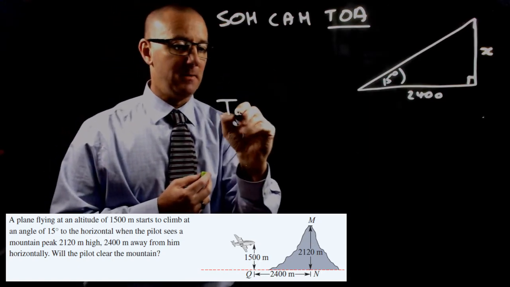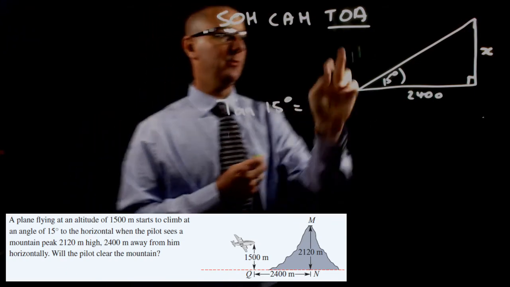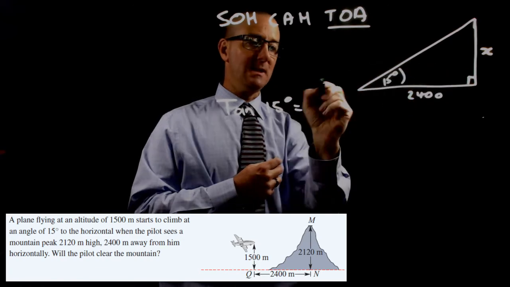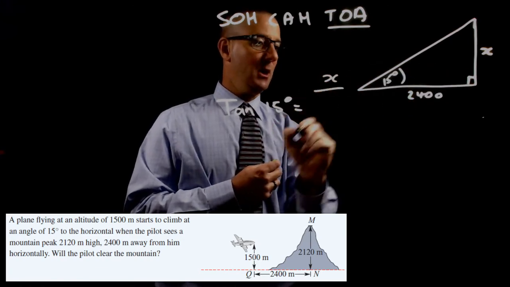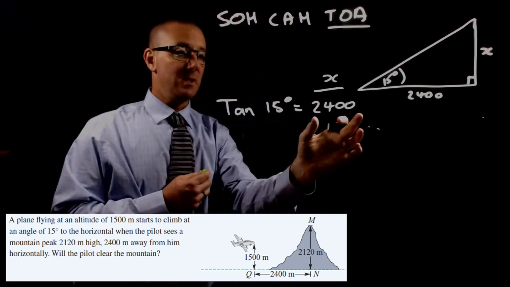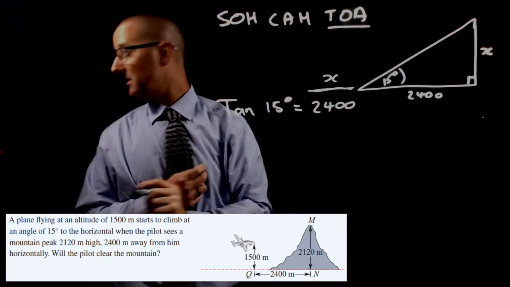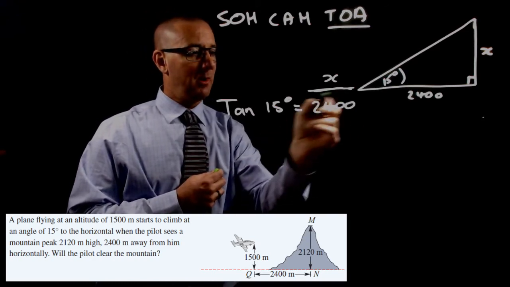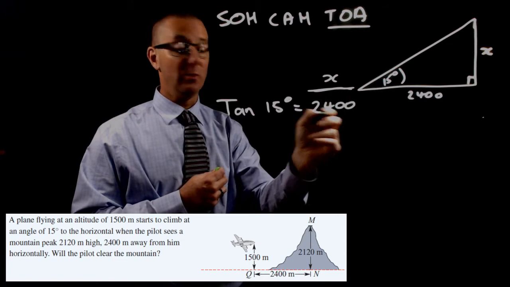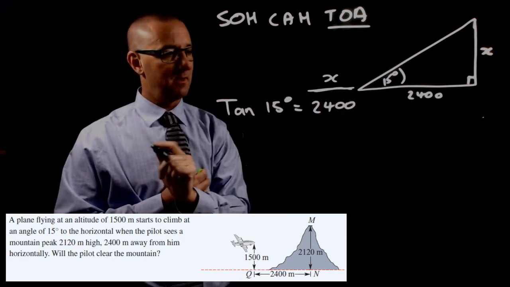So let's write our equation. The tan of 15 degrees is going to be equal to the opposite over the adjacent. So the opposite is x, and that's over 2,400. If we now want to calculate x, which is what we do want to do, we will need to multiply the right-hand side by 2,400, and whatever we do to the right-hand side, we have to do to the left-hand side.